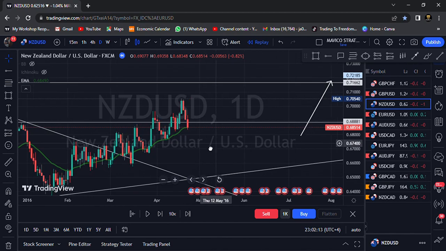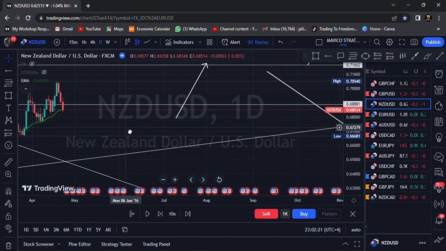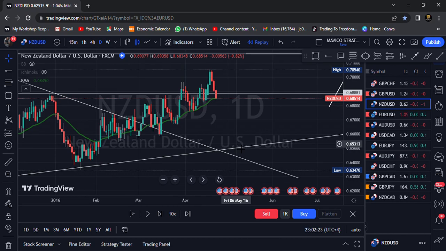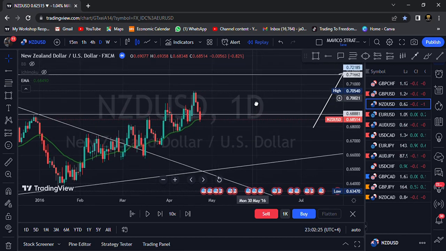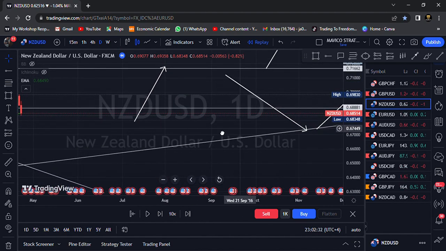So now, as per our analysis, we think the market is gonna hit here, or it might come down here and then continue to hit. But whatever it is, we think the market is gonna hit here, or it's gonna test this trend line and break it, or bounce back and go up.